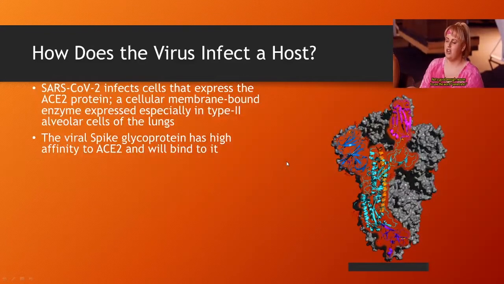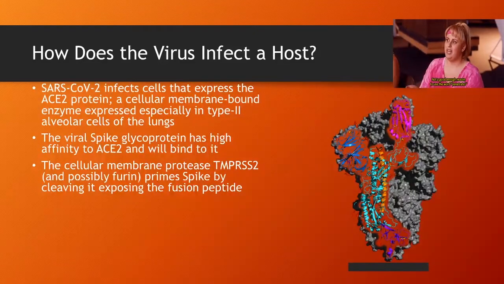So it's very important for SARS-CoV-2 to be able to recognize that protein, because that's what it's going to be binding to. That's actually how it's going to be infecting cells. The way it does that is through the viral spike glycoprotein that I've been mentioning a lot now. It has a high affinity to ACE2 and will thus bind to it.